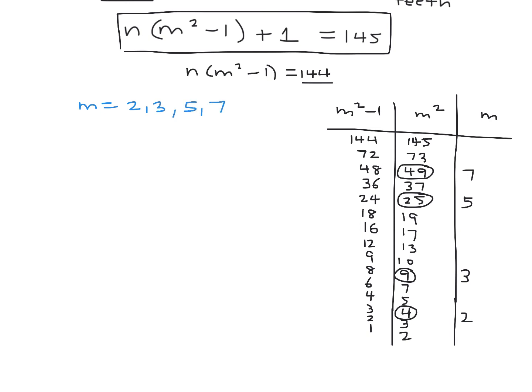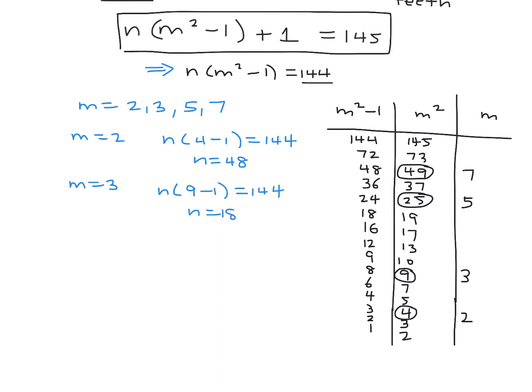So now all we have to do is plug those values of m back into that equation and solve for n. So if m is 2, that's going to be n times 4 minus 1 is equal to 144, and therefore n is 48. If m is 3, it would be n times 9 minus 1 is equal to 144, and therefore n would be 18.